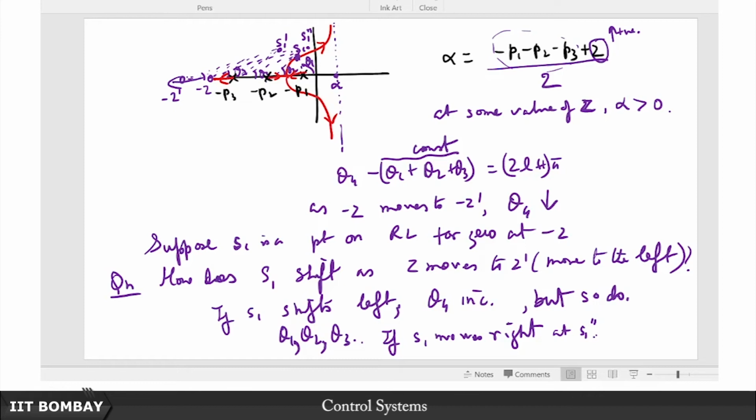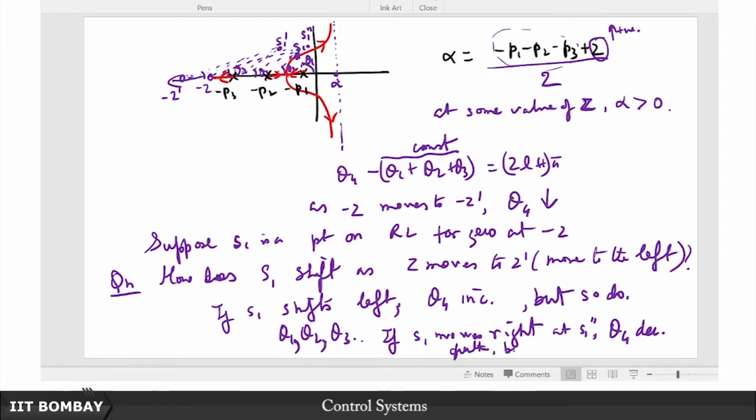So theta 4 decreases further, but so do theta 1, theta 2 and theta 3, and these are 3 in number once again, right?